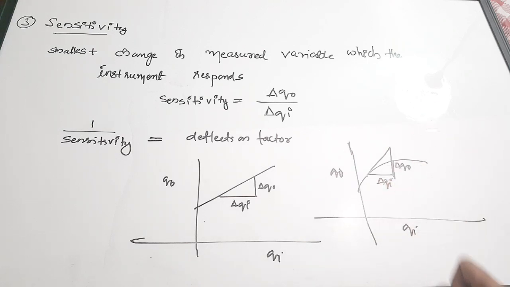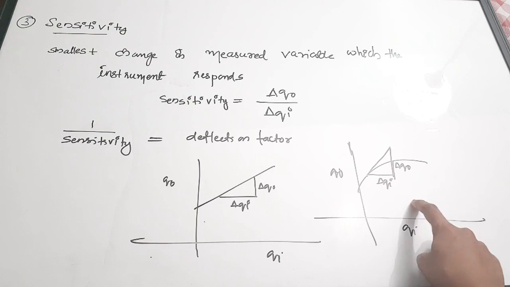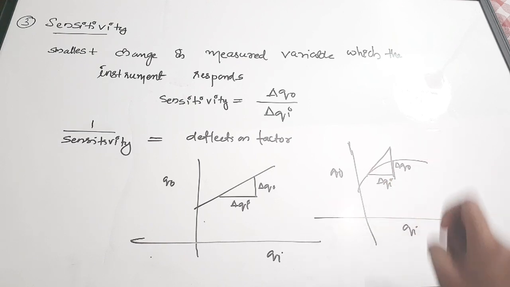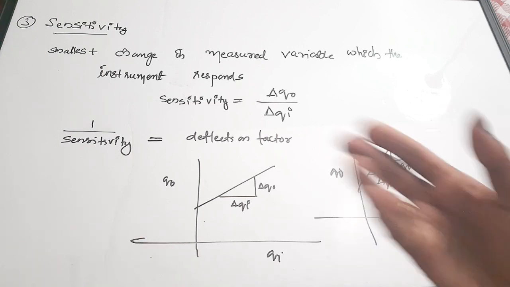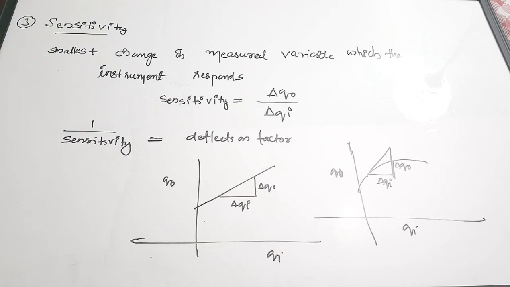In the other graph, delta Qi is small and delta Q0 is large, meaning the numerator has a larger value, so it has high sensitivity. If you compare these two devices, this graph has more sensitivity than the other. So that is sensitivity.